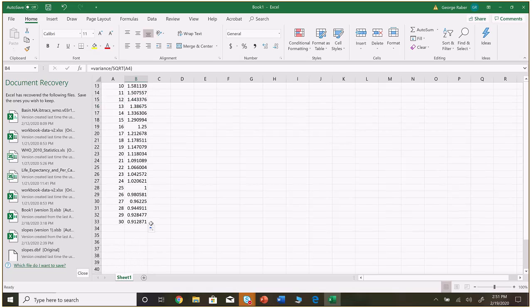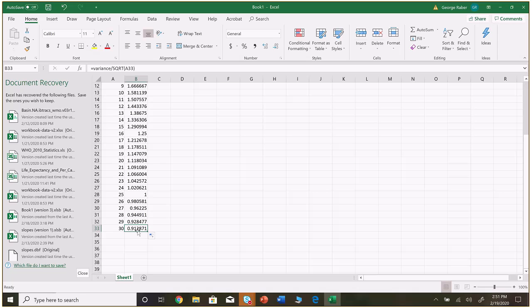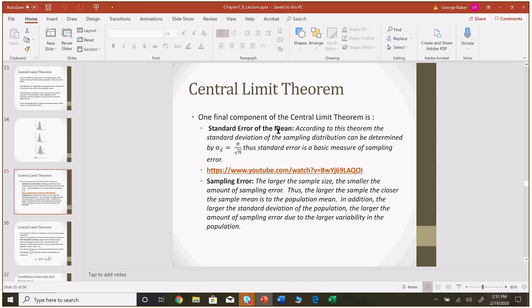If I have 30 randomly selected points, see how much smaller the variability is in terms of the sample mean. That's the standard error of the mean. In other words, it's the average distance that any sample mean is from the real mean.